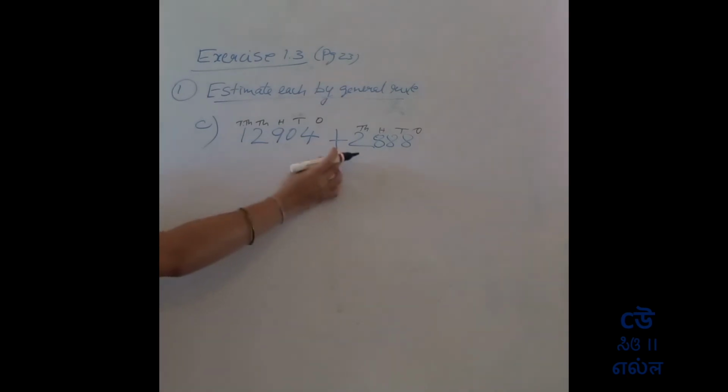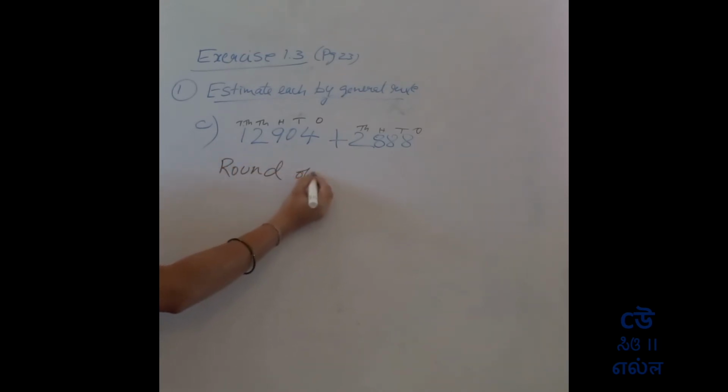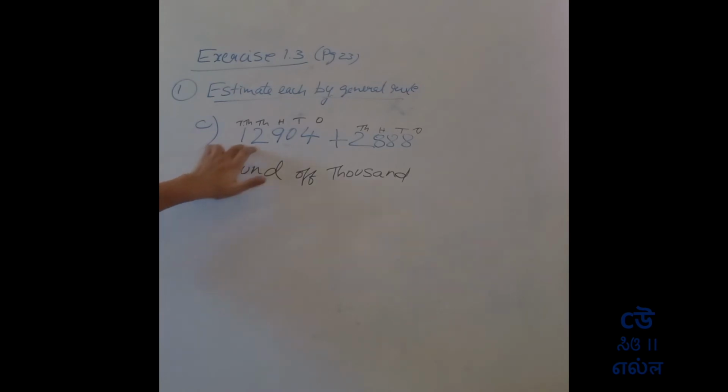Here we have 10,000, we don't have 10,000 here. Next we have 1000, here we have 1000. So which is the greater place value common to both? 1000. So we will round off the number to 1000. Understood children? Here we have 10,000, but here we don't, so we can't round off to 10,000. Here also we have 1000, so we are rounding off the number to 1000.